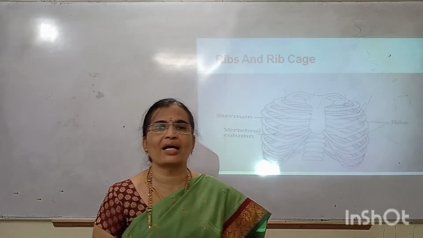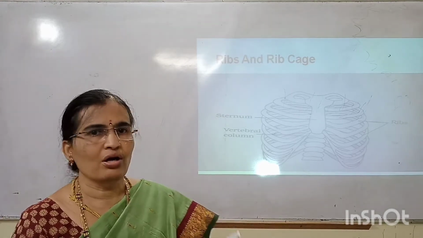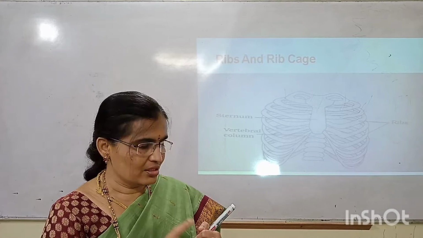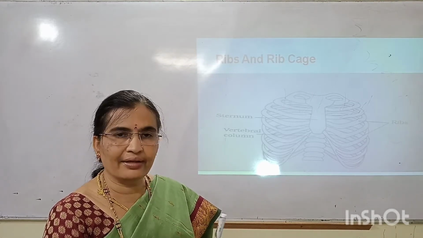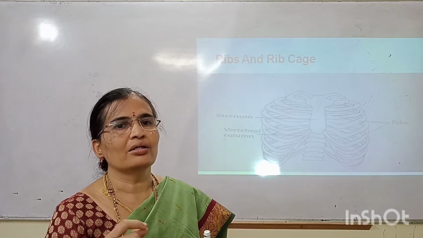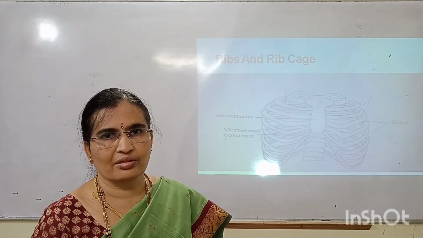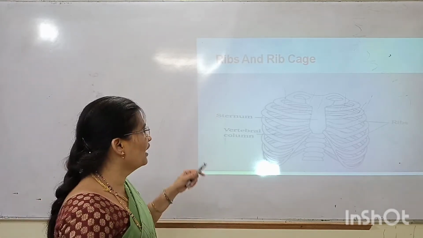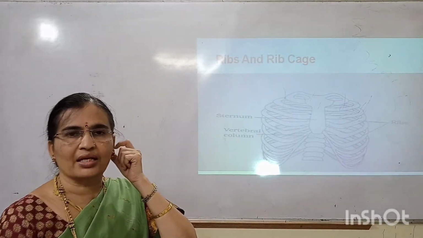That is why they are called floating ribs. So, the first to 7th are true ribs, 8, 9, 10 are false ribs, then 11, 12 are floating ribs. So this is regarding the ribs.